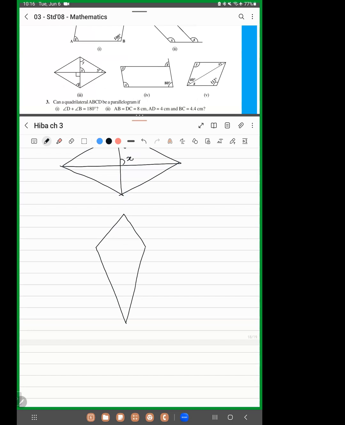These two sides are equal. These two sides are equal. No sides are parallel to each other. यहाँ पे कोई भी sides एक दूसरे से parallel नहीं है. ठीक है?